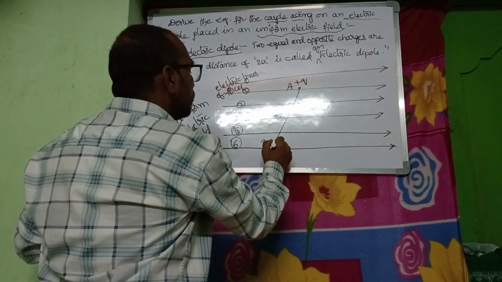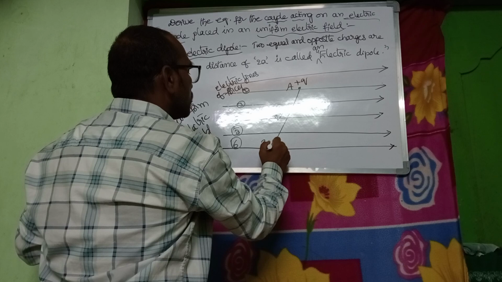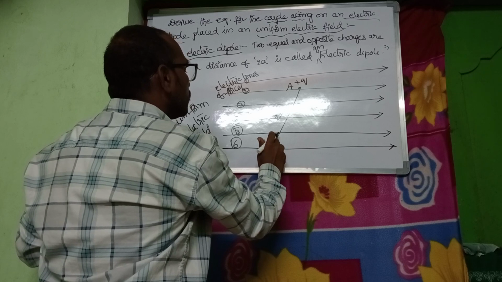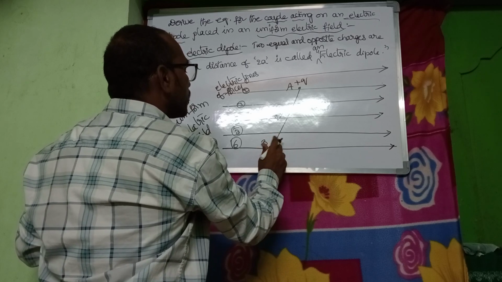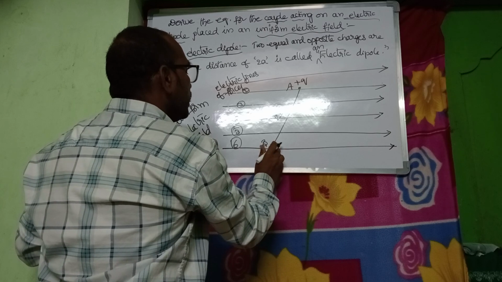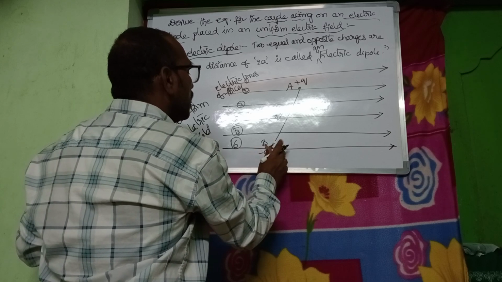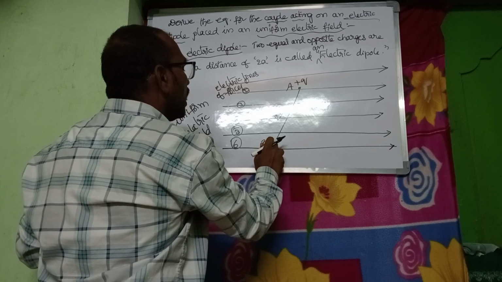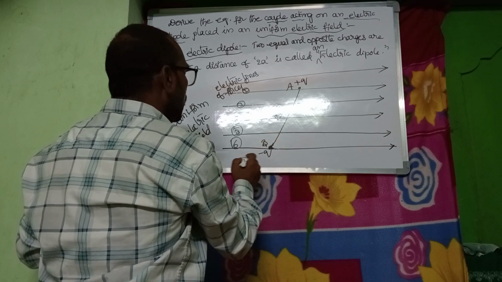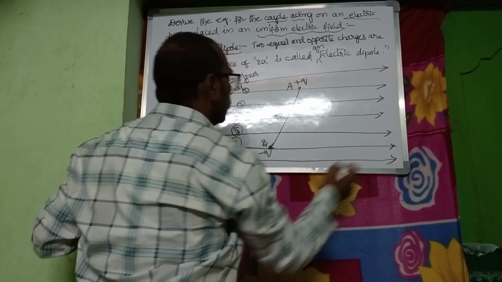Now this is the electric field, uniform. What is the angle made by the electric dipole with the electric field?